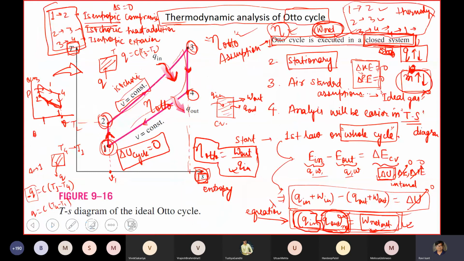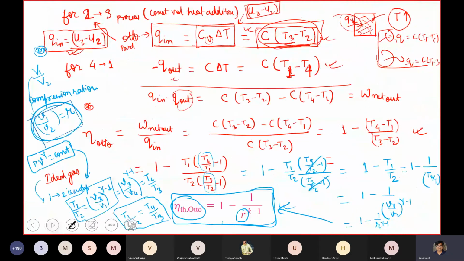Okay, this is my theory class lecture, but I will not talk about the thermodynamic analysis of the Otto cycle. The purpose of thermodynamic analysis of the Otto cycle is to estimate the efficiency. That's it. So just to give you a formula, we will not go into the details of how this has come, but you just have to take care of this formula.